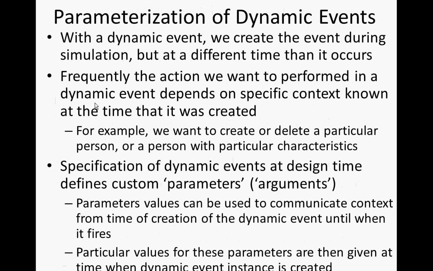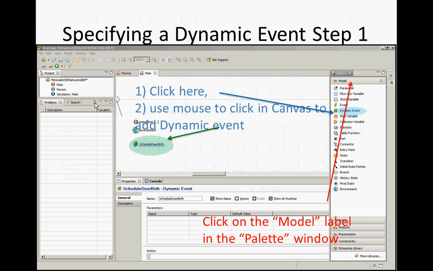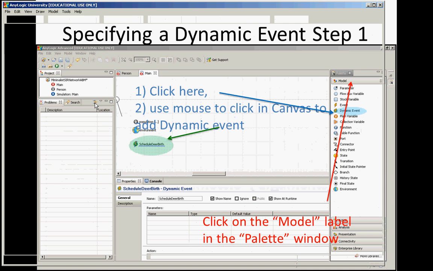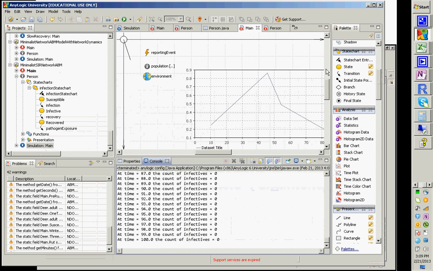Maybe it's what the baby's name will be. Maybe it's who the baby's father will be. Maybe it's where the conception took place, whatever. The aspects of context. So if you're going to have a deer, for example, we have a chronic wasting disease model. Suppose we wanted to schedule deer births, and deer are in gestation for a prolonged period, and we want to set up a dynamic event to schedule a deer birth at the time of the mating event.